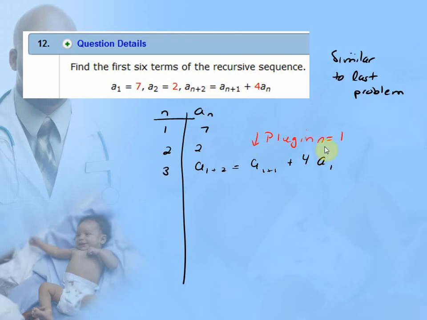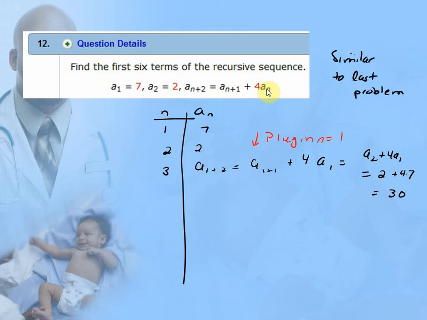So that's the first number that you plug in. You plug in n equals 1 into here, you use the formula. So see, this is the formula that gives you the recursion. If you plug 1 into here, you get n equals 3. For n equals 3, you get A, 1 plus 1 is 2, 4 times A1.